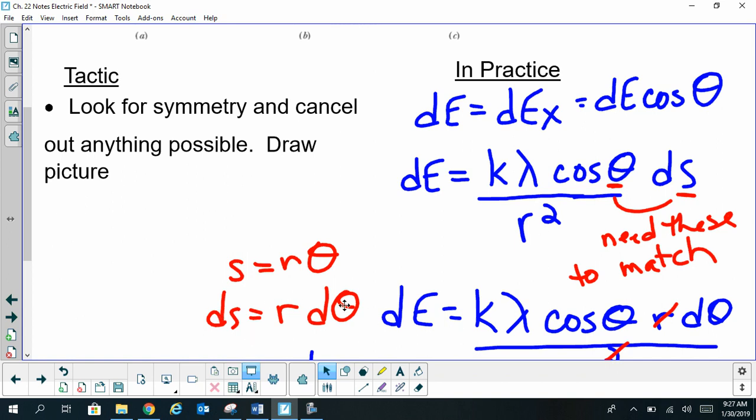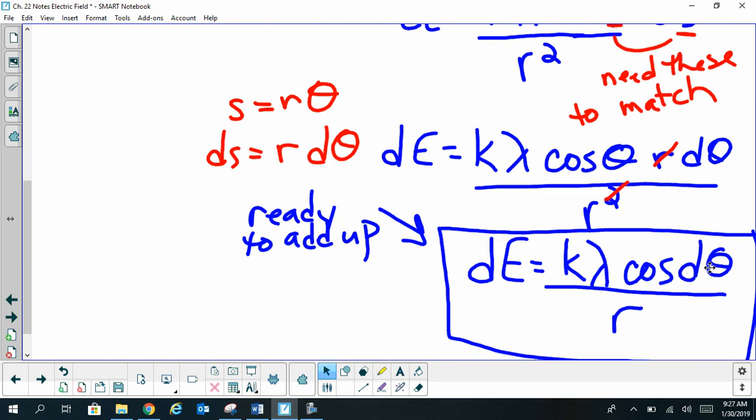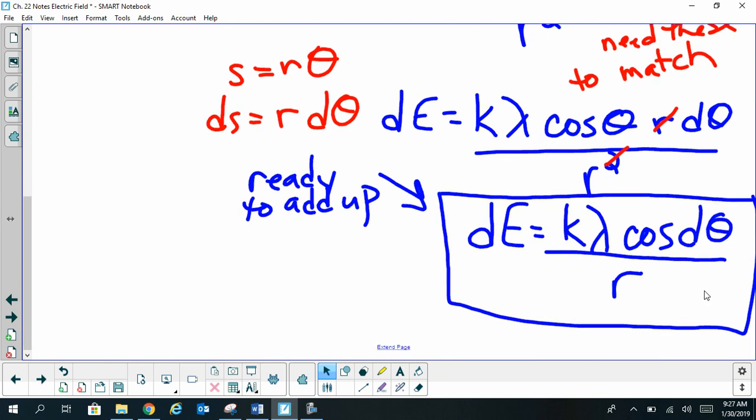So then we substitute in for ds. Right here, we substitute in r times d theta so that we get this variable to match this variable. And when we do that, we can do a little canceling out. Notice one of our radii cancels out. And hey, here's our expression, and we are ready to add this up. We are now ready to integrate.